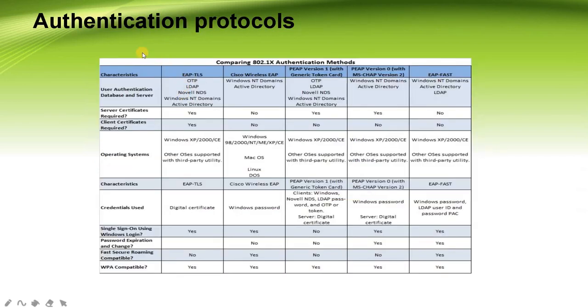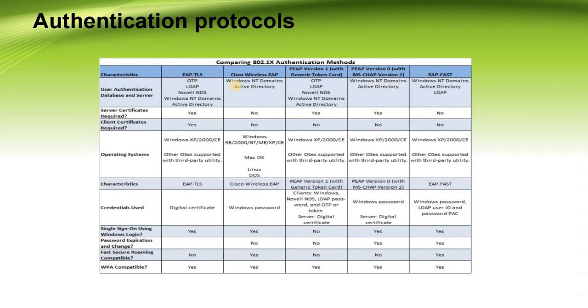Okay, so let's go to the authentication protocol. This is a very good example. IEEE 802.1x is an authentication standard that supports port-based authentication services between users and an authorization device such as an edge router.